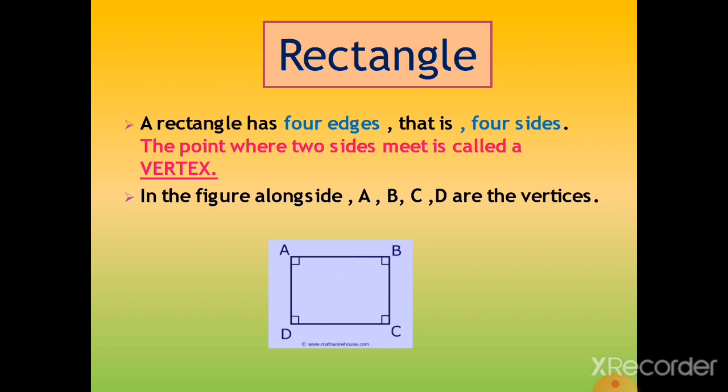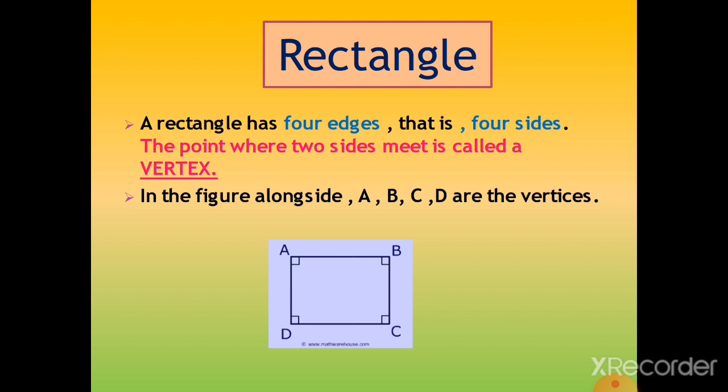Now we'll see in different geometrical figures how many vertices and how many edges or corners will be there. A rectangle has four edges, that is four sides. See in this figure, side AB, side BC, side CD, and side DA.